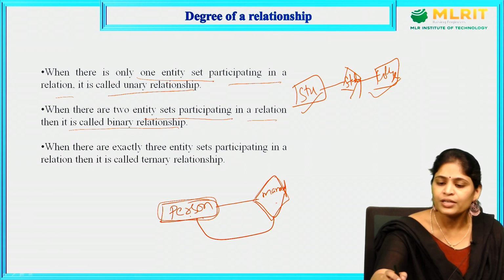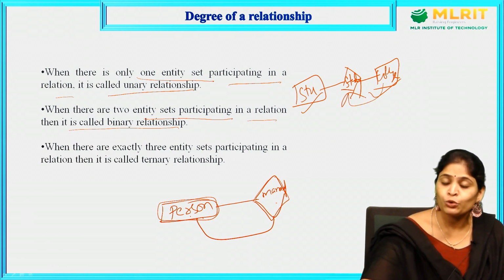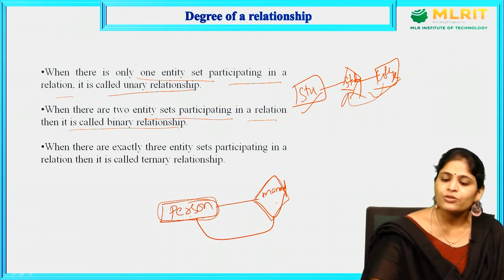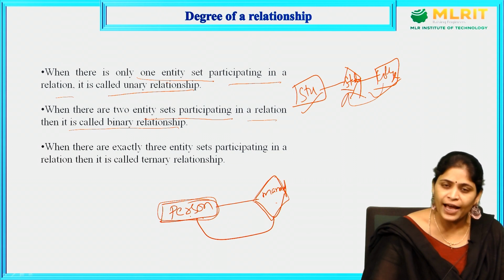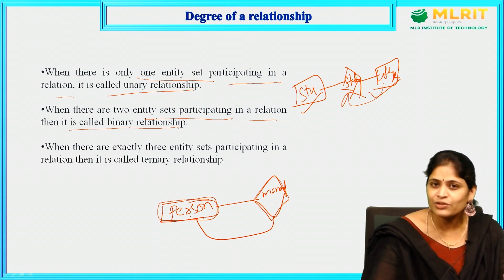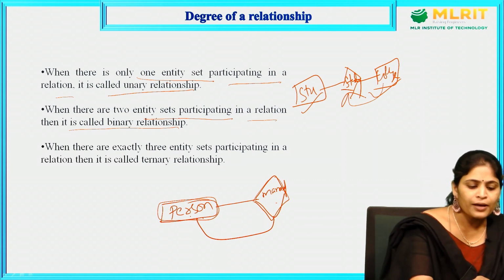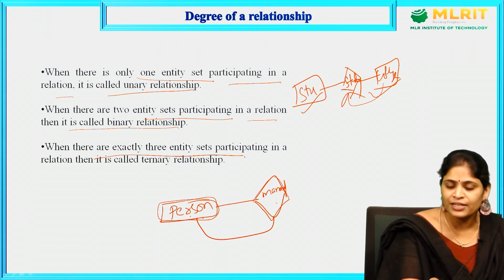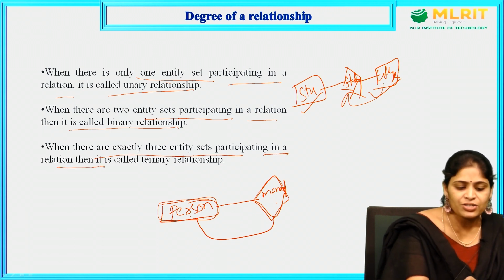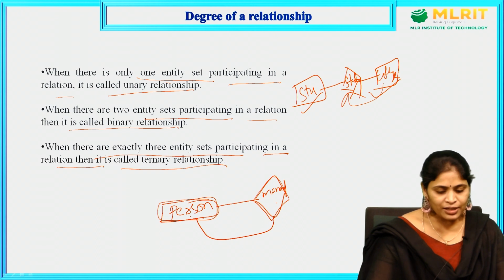These 2 entities participate through this relationship, right? So this is called a binary relationship. What is ternary? If we have exactly 3 entity sets participating in a relationship, then it is called a ternary relationship.